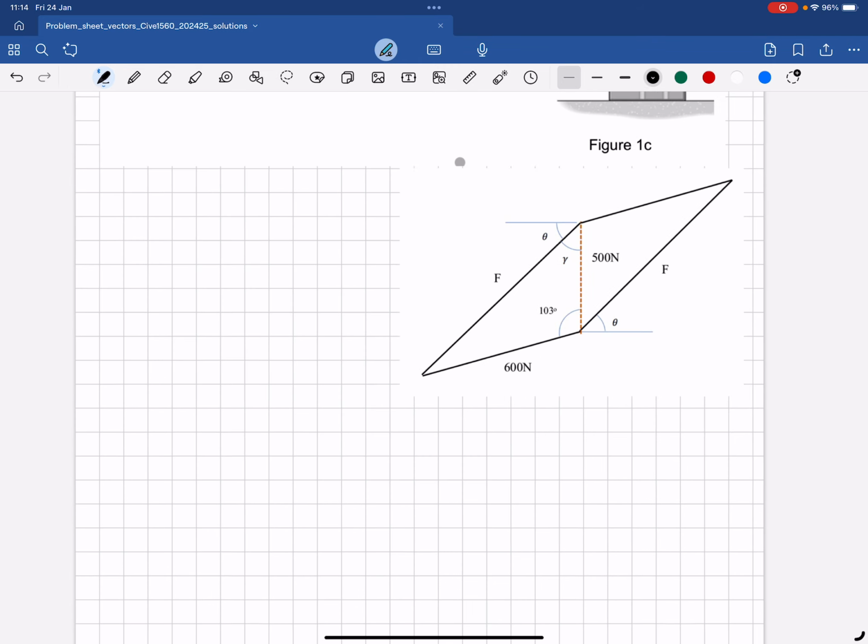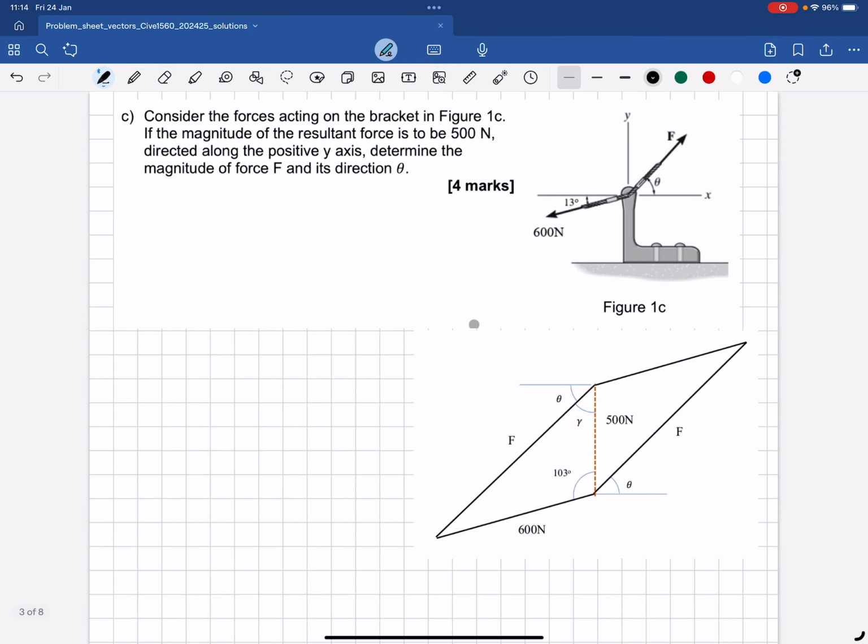So, question 1c. Consider the force acting on this bracket. So we have a bracket, we have a force F acting upwards like that, which is unknown, but we have a force of 600 acting at 13 degrees here.